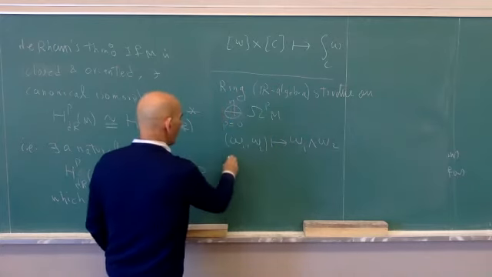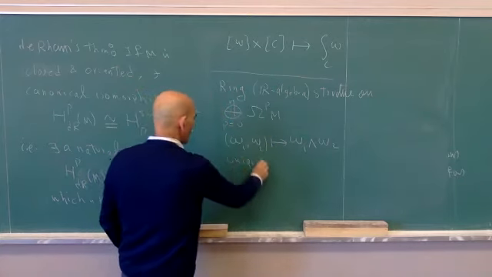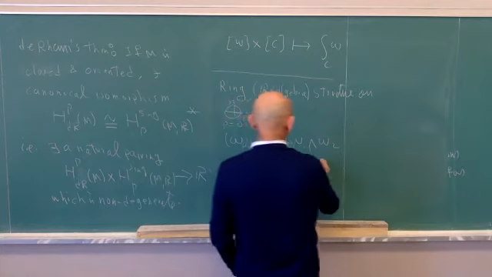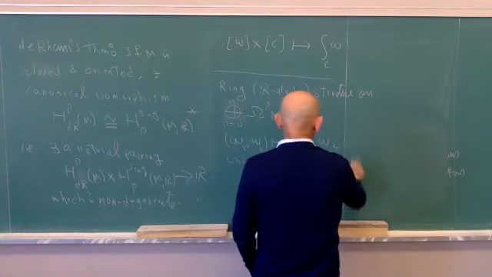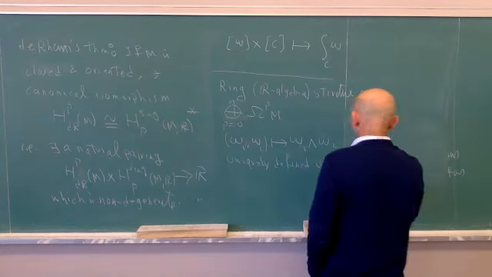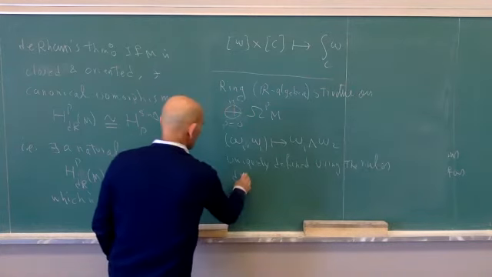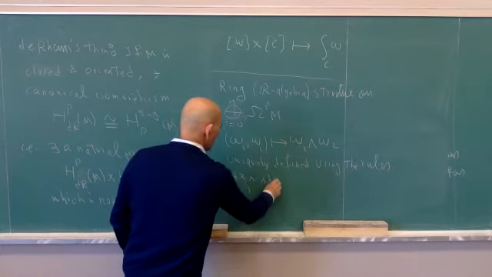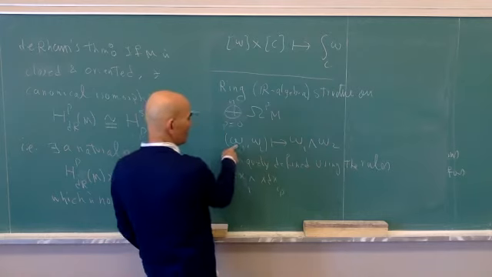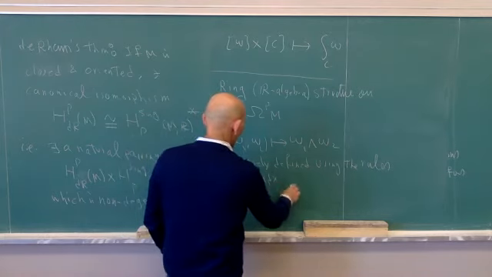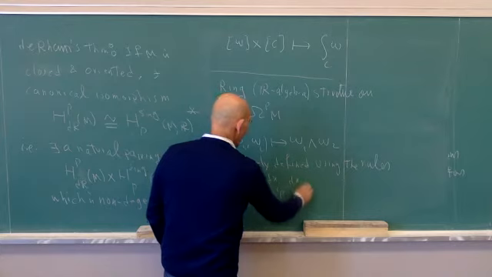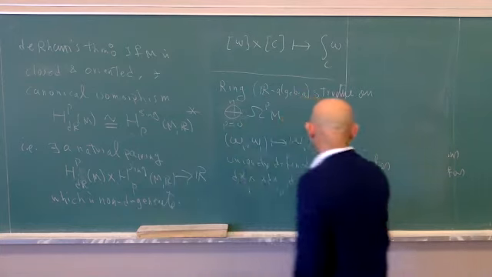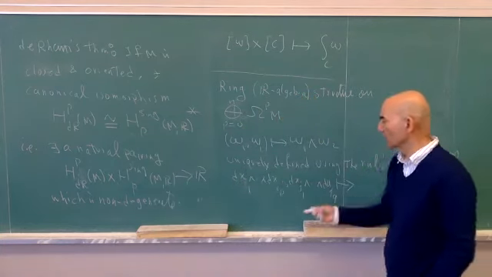This is uniquely defined using the rules: dx_i1 wedge ... wedge dx_ip, and dx_j1 wedge ... wedge dx_jq, is mapped to, you just multiply and put a wedge here, that's all.